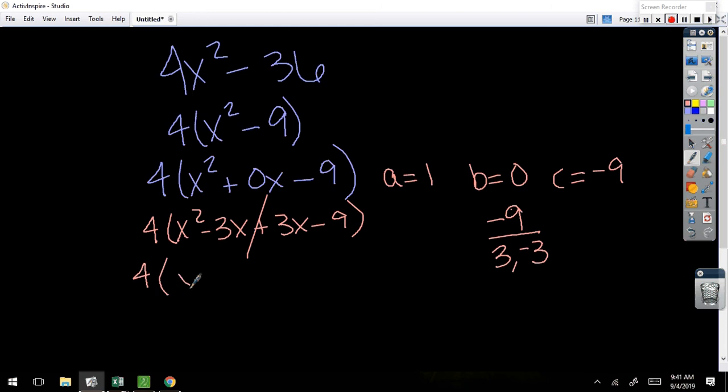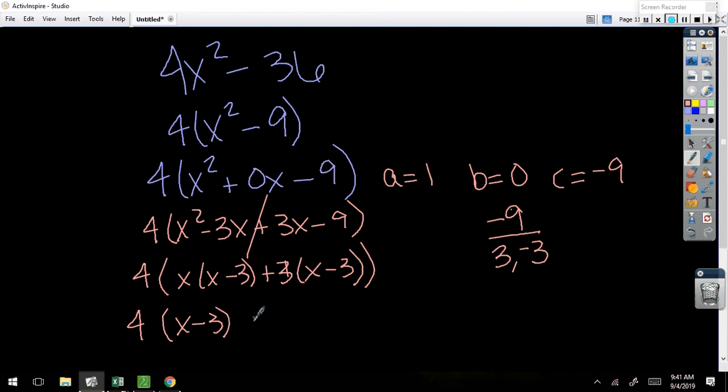What's left? Keep the sign. What can you take out of the second 2? What's left? 1x minus. That's exactly right. The x minus 3 is what they have in common. So I take that out and I'm left with.